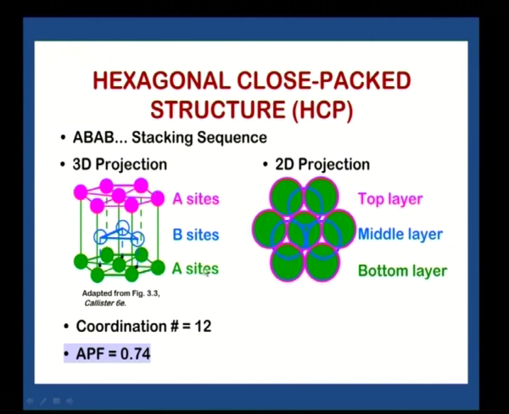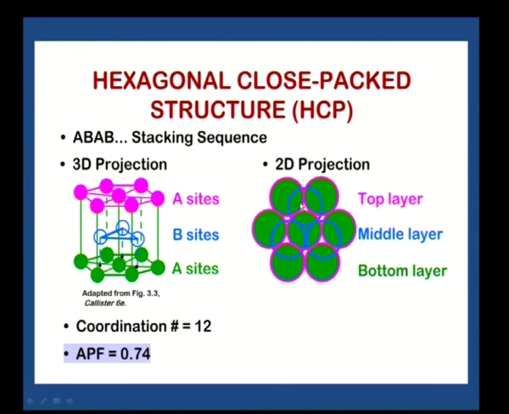But for the middle layer, the B sites, you place an atom or a ball at this trijunction. You get 1, 2, 3 atoms joining each other, and on this you are putting the second layer, right. The remaining balls are kept here, and you place another ball here, another ball here.